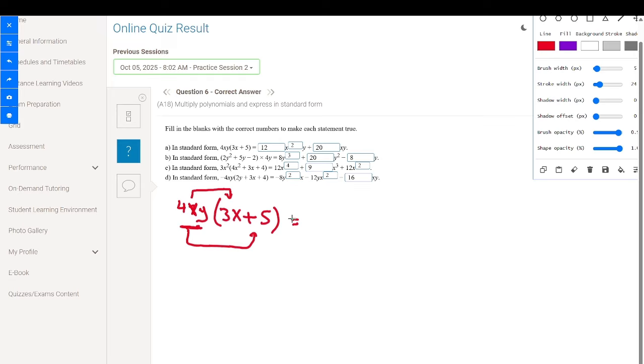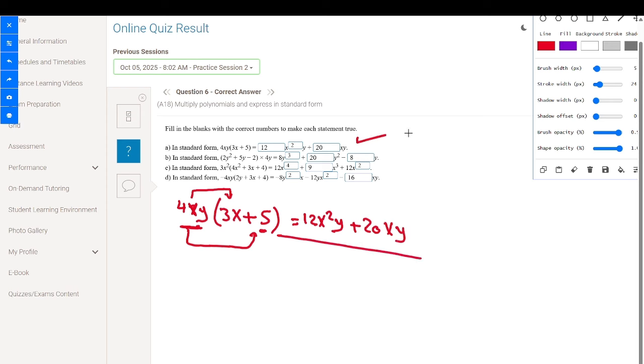So 4 multiply 3 is 12. x multiply x is x squared. y multiply 1 is y. Okay? Now we take the second term. We have 4xy multiply positive 5. So 4 multiply 5 equal to 20. And xy multiply 1, it will be xy.